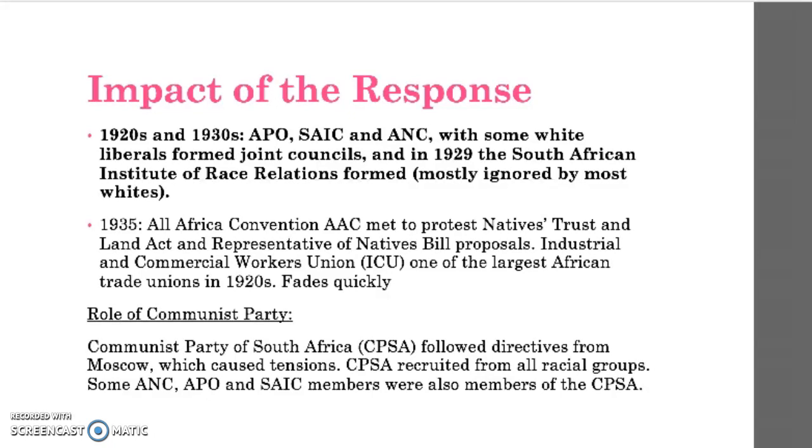The Communist Party of South Africa will become another key player in the anti-apartheid movement later, but at this time its role is a little bit more hazy. It's directly controlled from Moscow, which causes tensions in relation to how democracy would work in a communist South Africa in terms of participation of the different groups.